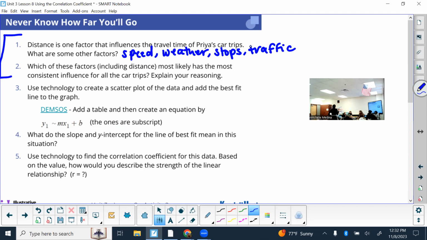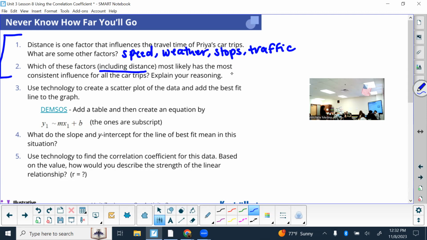Now I'm asking the whole class, which of these factors most likely has the most consistent influence on all her car trips? Even over distance? That's including distance.